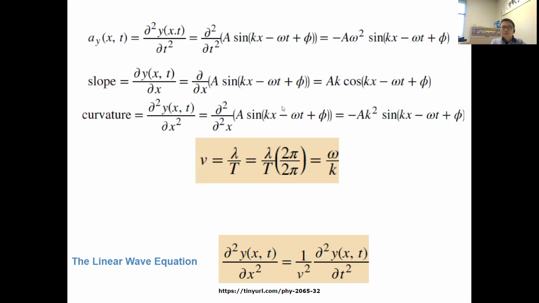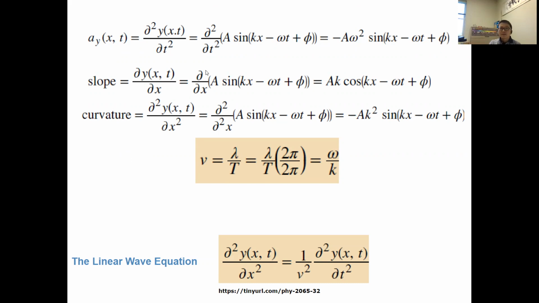For the acceleration of the medium, we do a double derivative, in this case a double partial derivative, because there are two variables, x and t. As a result, it's minus A omega squared sine of kx plus omega t.